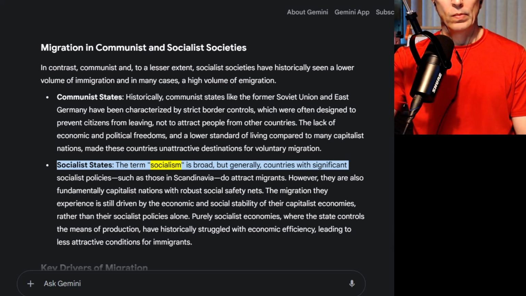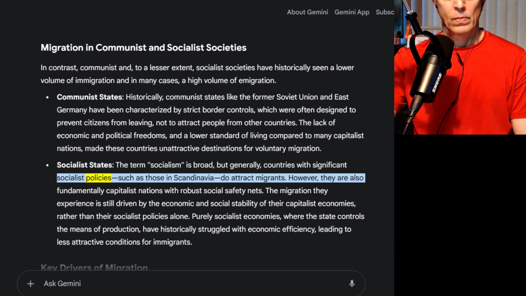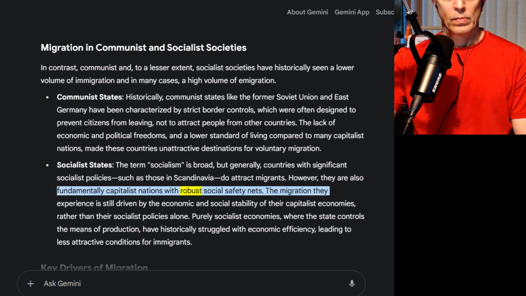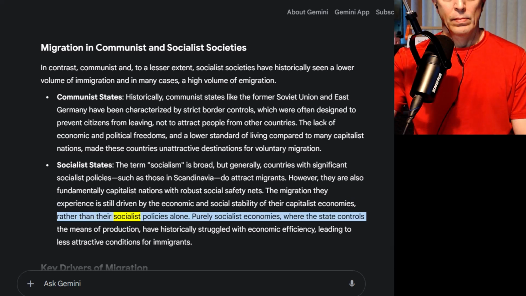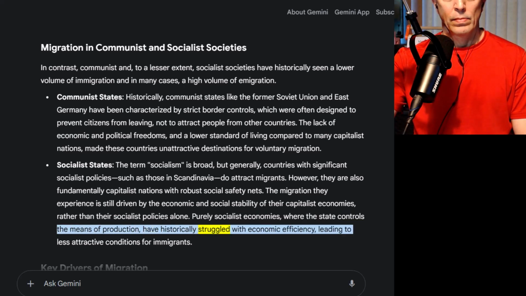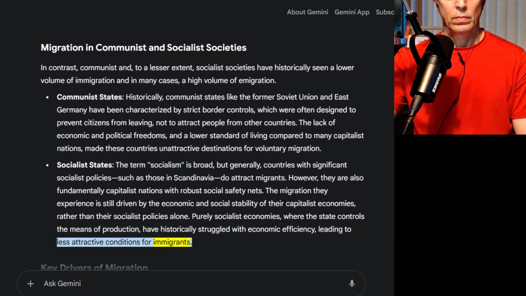The term socialism is broad, but generally, countries with significant socialist policies, such as those in Scandinavia, do attract migrants. However, they are also fundamentally capitalist nations with robust social safety nets. The migration they experience is still driven by the economic and social stability of their capitalist economies, rather than their socialist policies alone. Purely socialist economies, where the state controls the means of production, have historically struggled with economic efficiency, leading to less attractive conditions for immigrants.